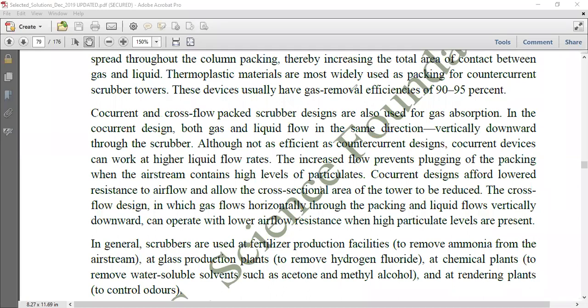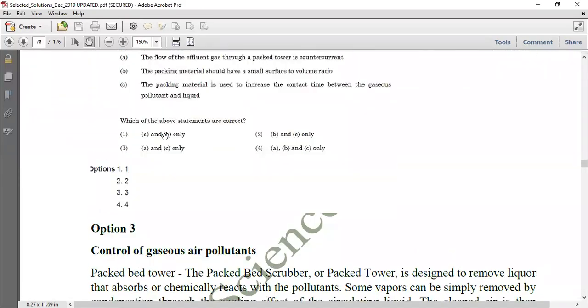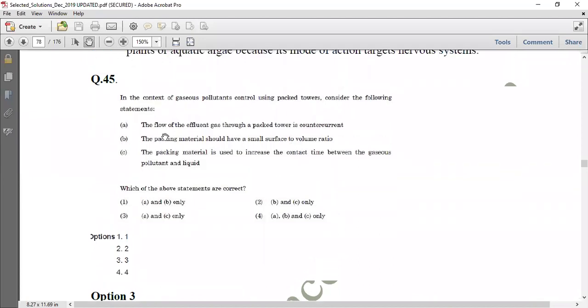Now we can see this question because we now have an idea about the theoretical part. So now you can understand this question well. It is saying, in the context of gaseous pollutant control using the packed tower, consider the following statements.